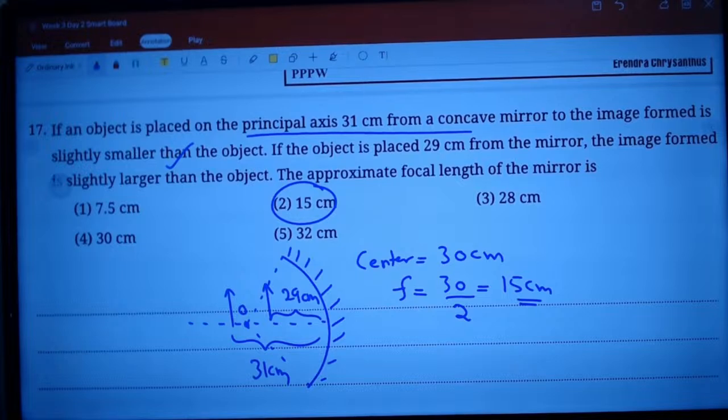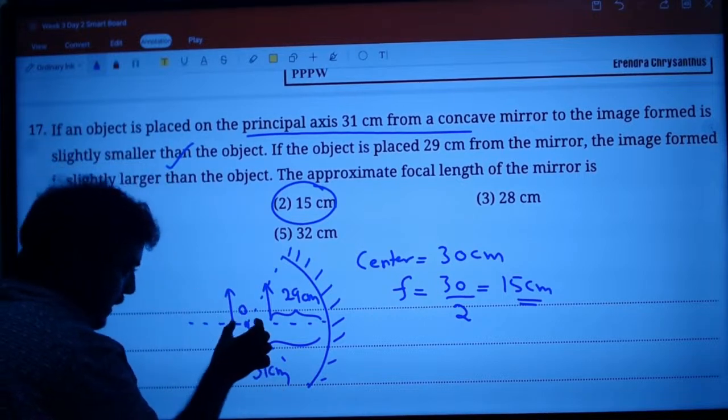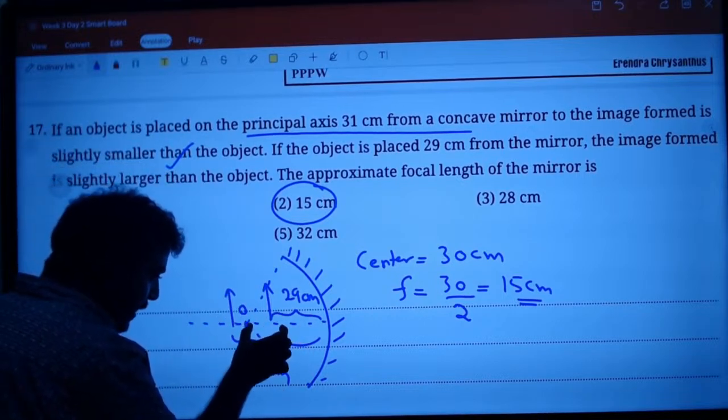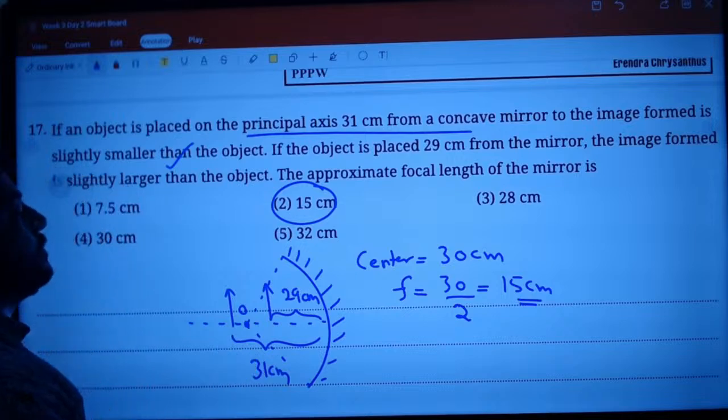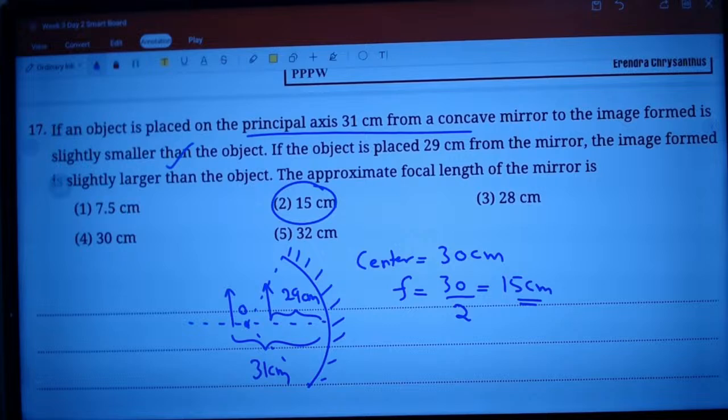Therefore, we can estimate that the center is at 30 centimeters from the mirror.